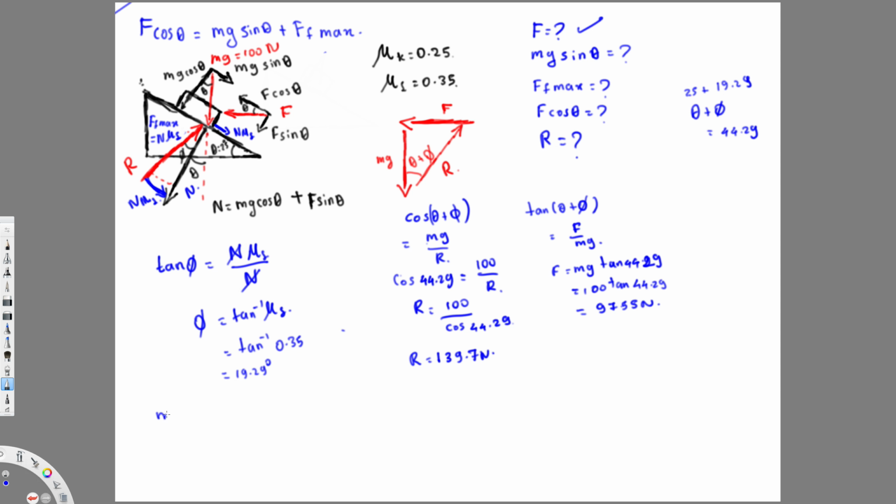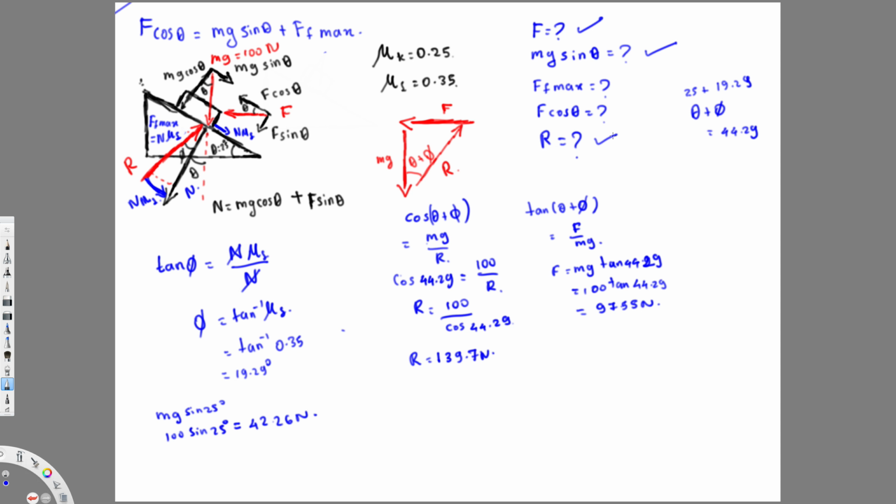So it's going to be mg times sine 25, so 100 sine 25. That comes out to be 42.26 Newton.